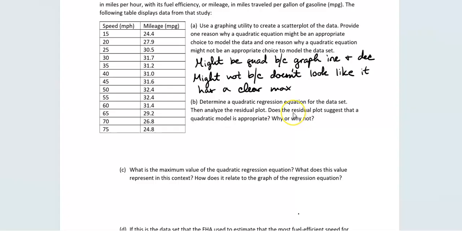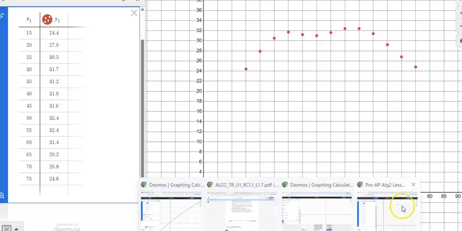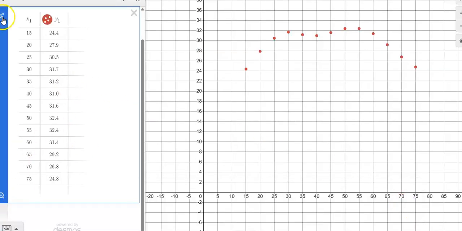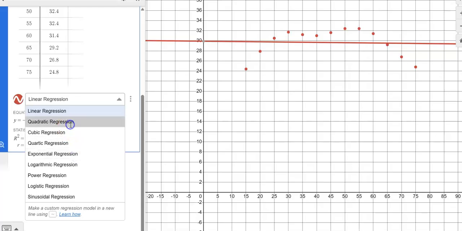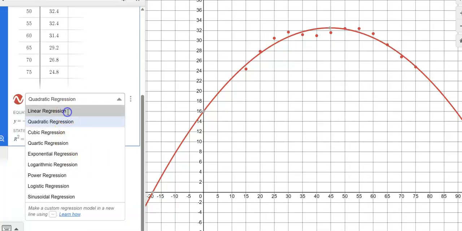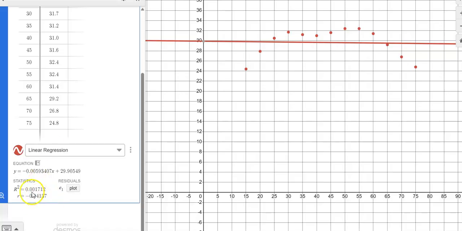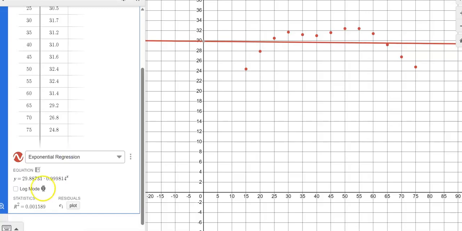Determine a quadratic regression equation for the data set. Then analyze the residual plot. Does the residual suggest that a quadratic model is appropriate? So let's look at this information. Let's go to the quadratic regression. The statistics here suggest that's a pretty good quadratic regression. It's not linear, right? That's not a good number. It's not close enough to 1, and it's not exponential.